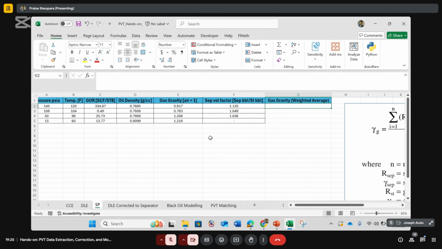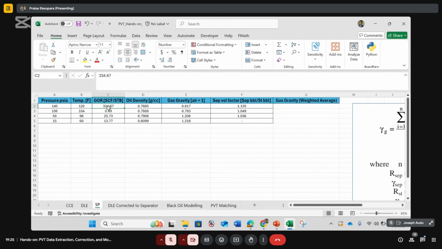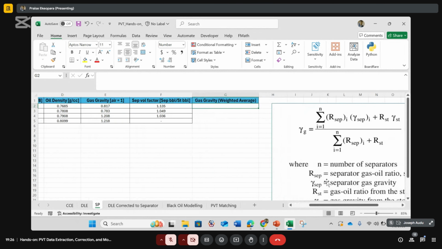Just to recap, this GOR from here to here, as we saw in the report, is actually our separator GOR, right? This last one at 15 is the one at stock tank. So the gravity corresponding to this will be from here down to this last one. What we want to do is calculate our gas gravity using this formula.